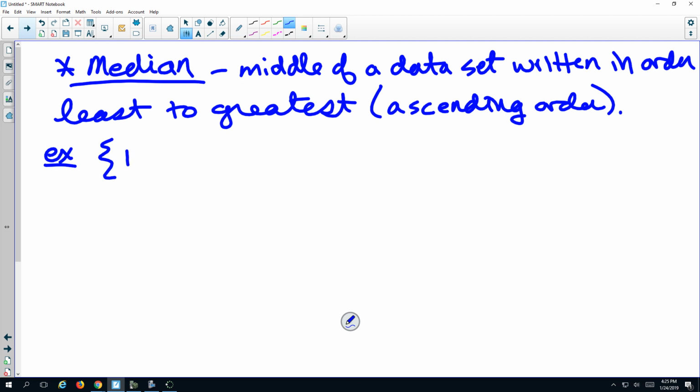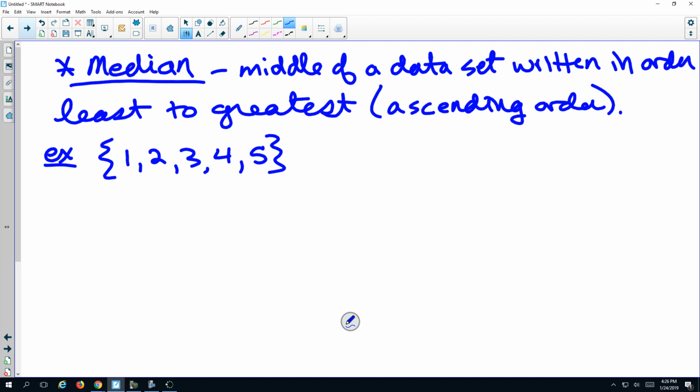So this one has an odd number of data values. They're written in order already, least to greatest, so we don't have to do that step.